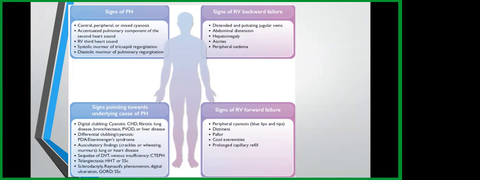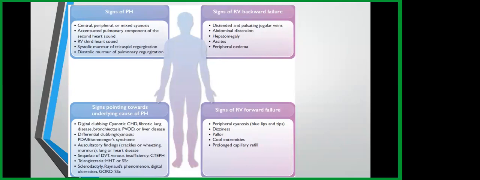Okay, there are also signs that you may see that will give you an idea of the underlying cause. You can have digital clubbing, suspect cyanotic heart disease, fibrotic lung disease, bronchiectasis, liver disease. They can have differential clubbing or cyanosis, suspect PDA.